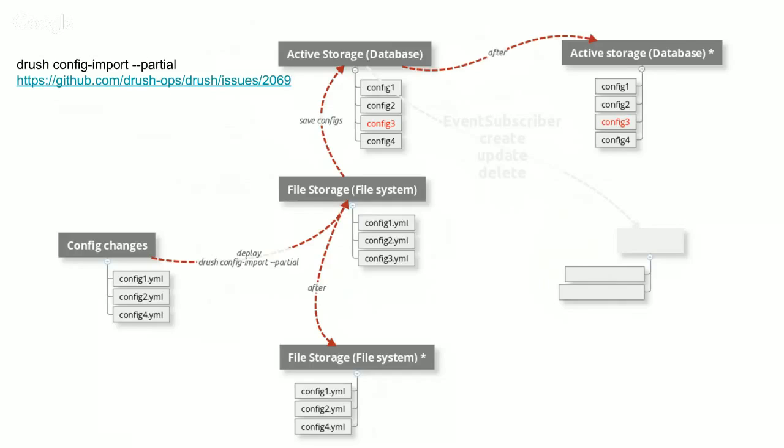But using drush config import partial, we faced an issue that not all event subscribers that are fired during config importing are executed by drush partial config import. So you can get a state of your database where your active storage has a lot of configs that are not imported fully.